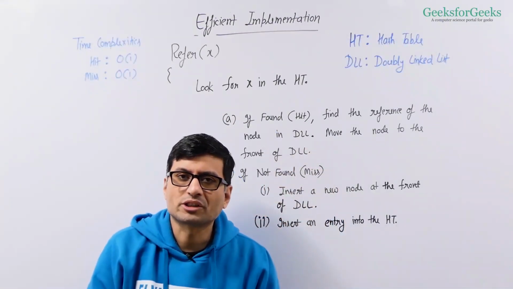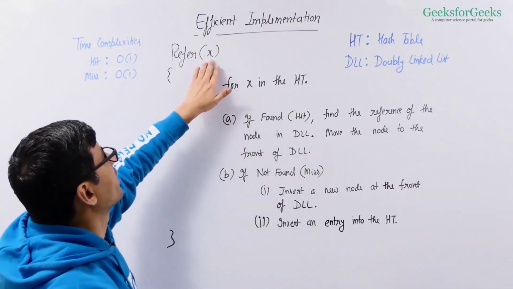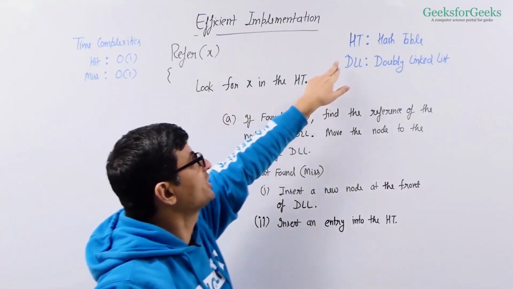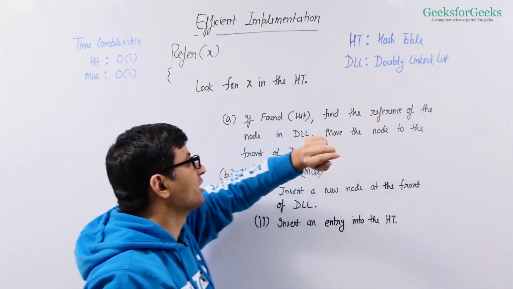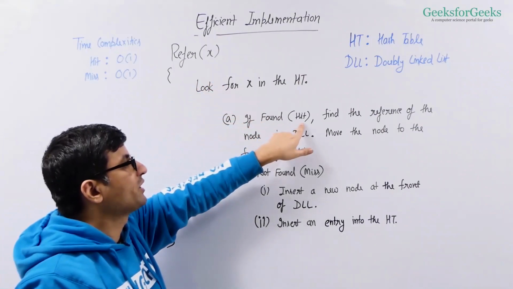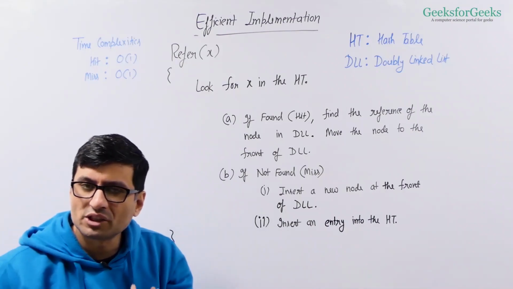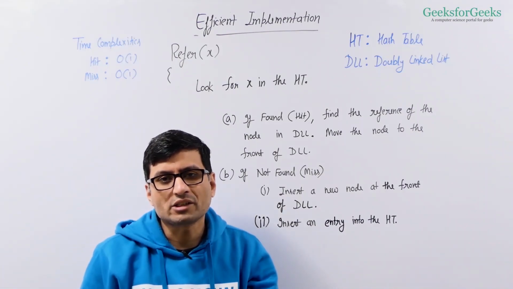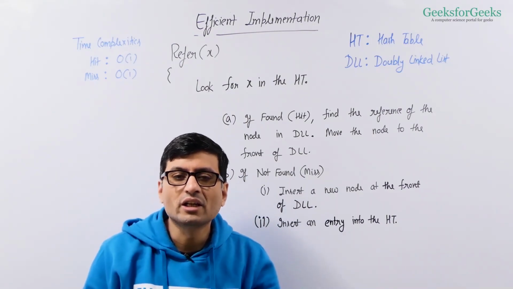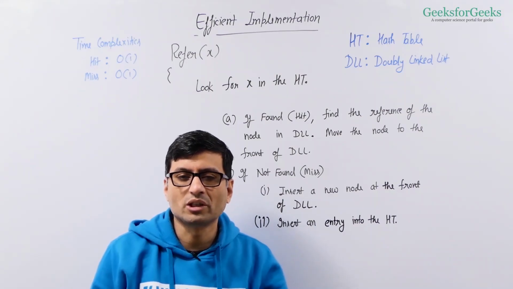Here is the complete process for referring an item into the cache. When we refer an item X, we first look for X in the hash table. HT stands for hash table and DL stands for doubly linked list. If we found it in the hash table, which means we have a hit, we find the reference of this node in the doubly linked list by using the hash table. So we use X as a key, and the value gives us the reference or address of this node in the doubly linked list.